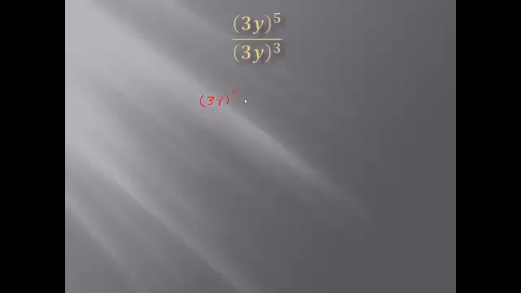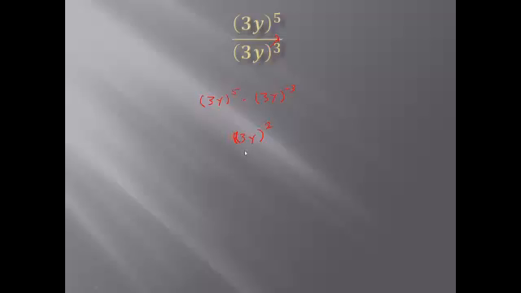So that'll be 3y to the fifth times, if I take this and move it up here, that'll change the sign of that 3. That'll make 3y to the negative third. And remember, when we have like bases being multiplied, we can add the exponents. So I can keep that 3y as my base, and 5 plus negative 3 is simply 2.